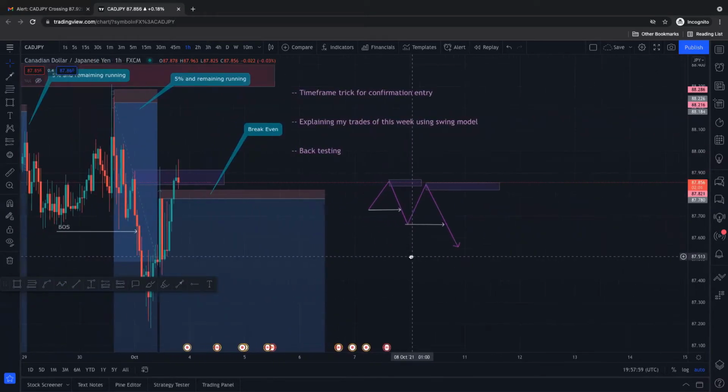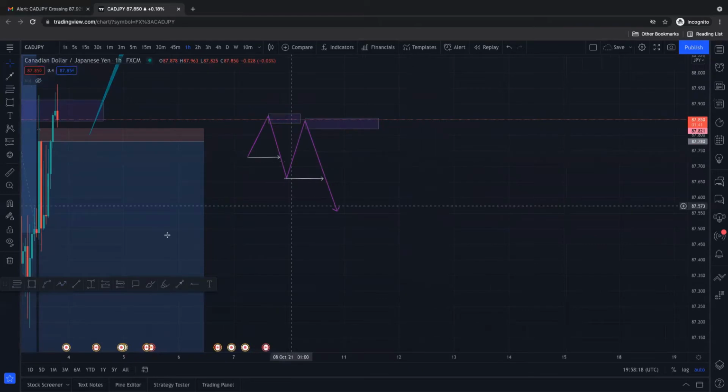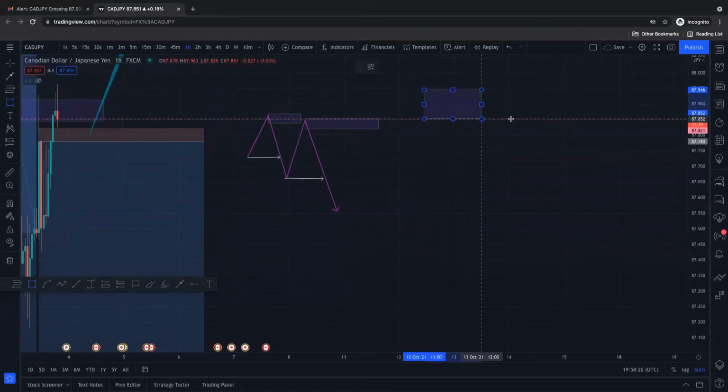So when the price hits our order block, what about the time frame trick I was talking about? Let's say your order block is a daily order block and you haven't refined it, so it's big, maybe a 50 pip range.